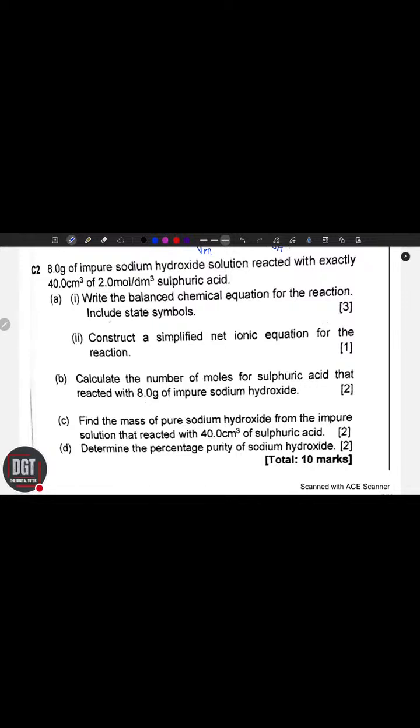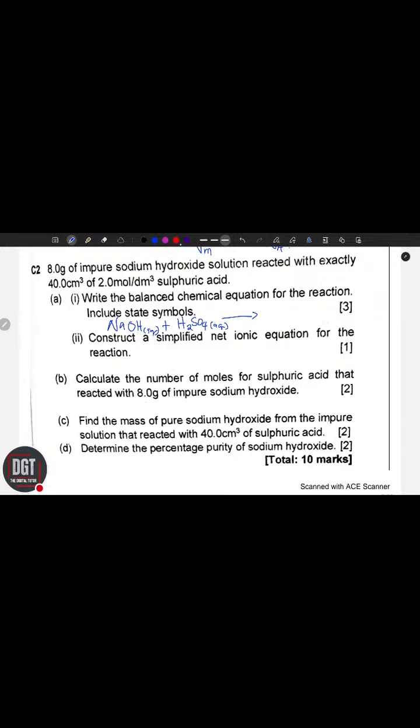So we are going to say sodium hydroxide, which is aqueous, reacts with sulfuric acid, which is aqueous. And now here you need to know that when a base reacts with an acid, this is a neutralization reaction. What is formed is salt and water only.